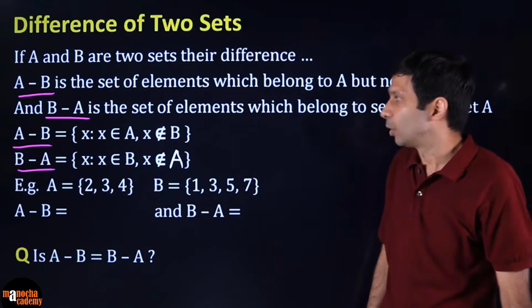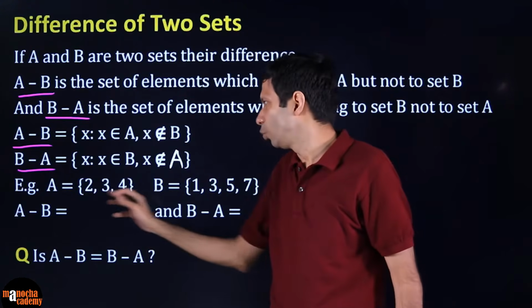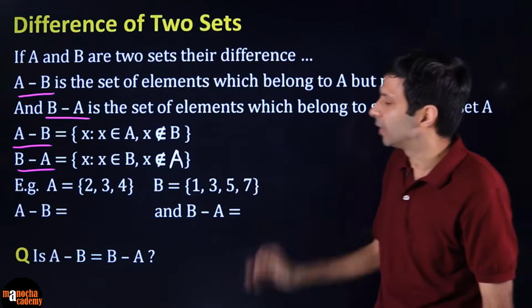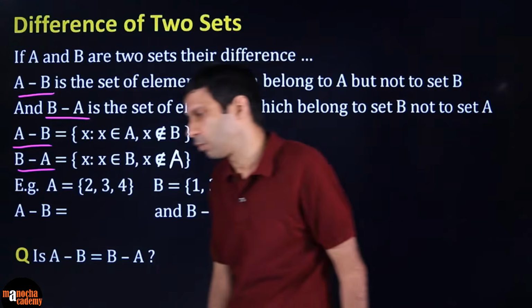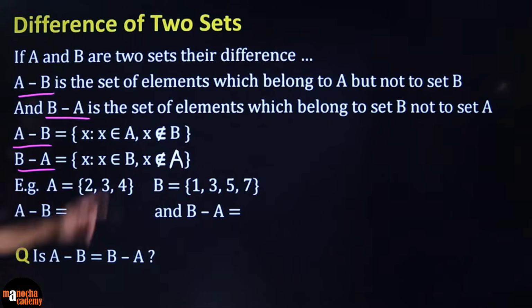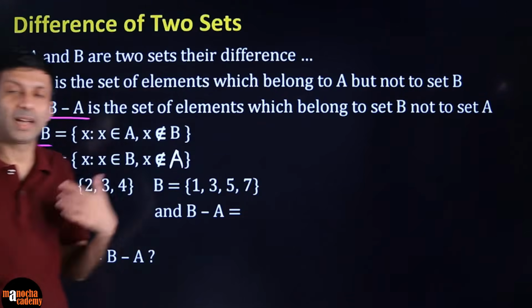Alright. So if we take these two sets, A is 2, 3, 4 and B is 1, 3, 5, 7, can you tell me what A minus B is going to be? Look at the definition and see if you can work it out.